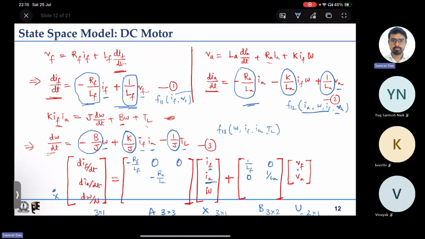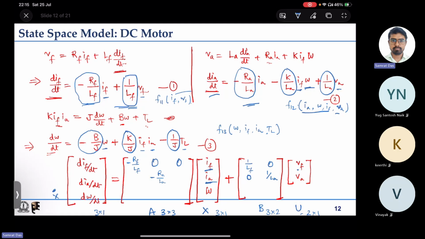There is some IF dependency as well as some speed dependency, but they appear in a multiplication fashion. So it is clear that we cannot have this second equation represented in this form.